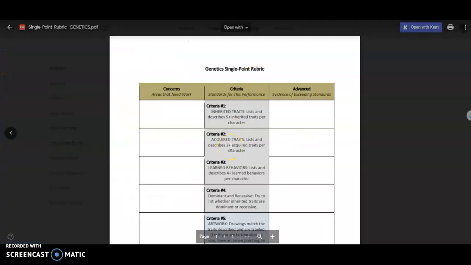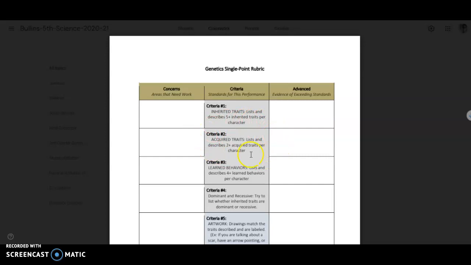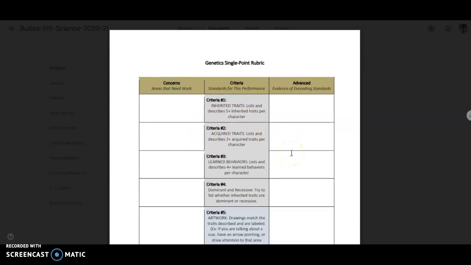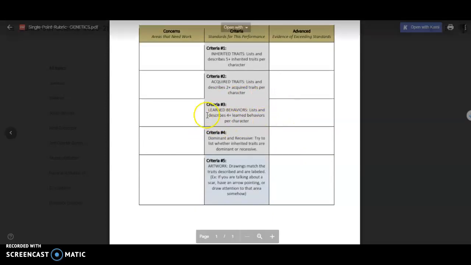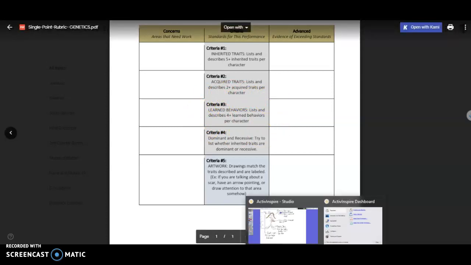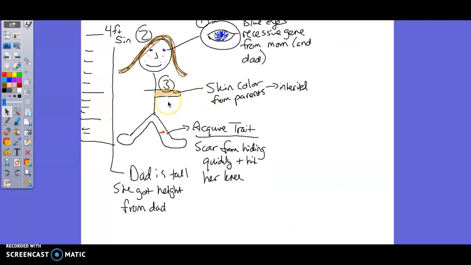Acquired traits, because those are a little bit tougher. You're only required to have 2 of those. You want to talk about your character in 4 or more things that they have learned. So if we go back to Claudia and we think about her, I know just from reading the book, The Mixed Up Files, that she had learned how to count in school because she was very good at managing all of their money.